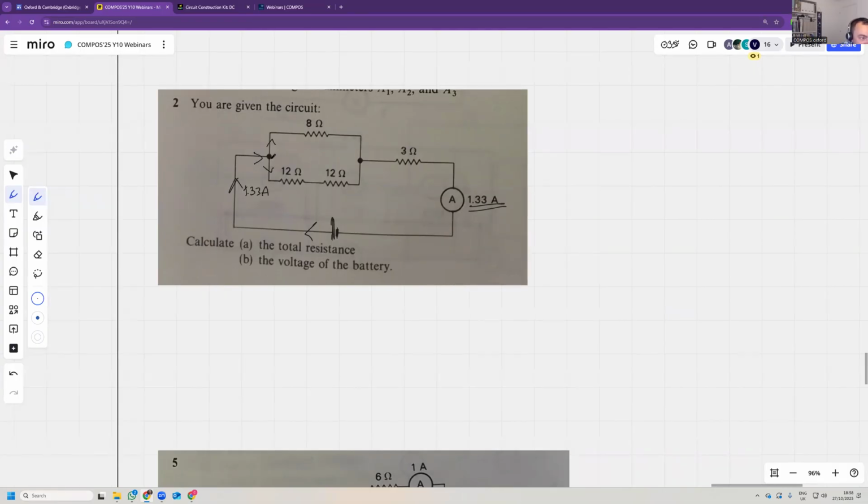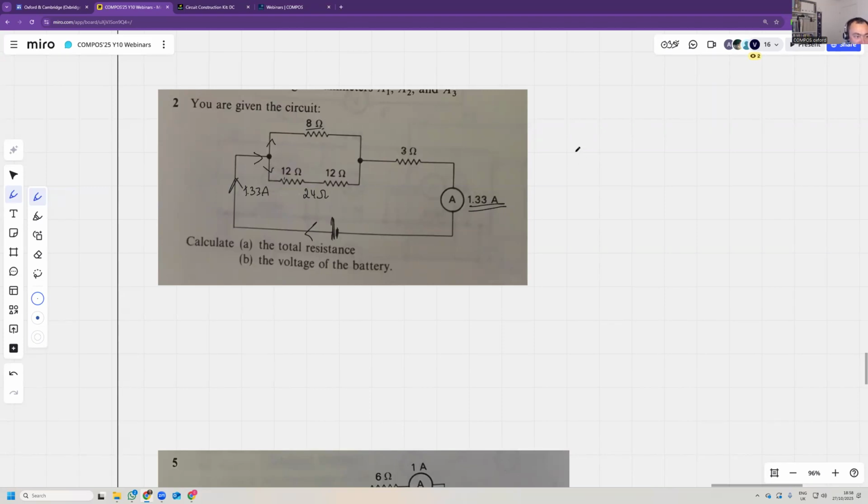Some of it goes up, some of it goes down. So this is 8 ohms, and this is 24 ohms altogether. And so there's 3 times more current going up than down.